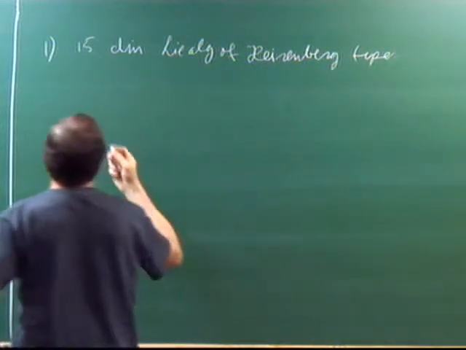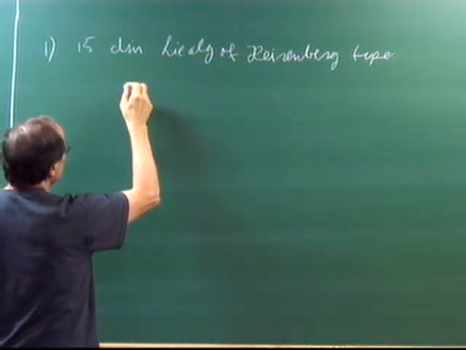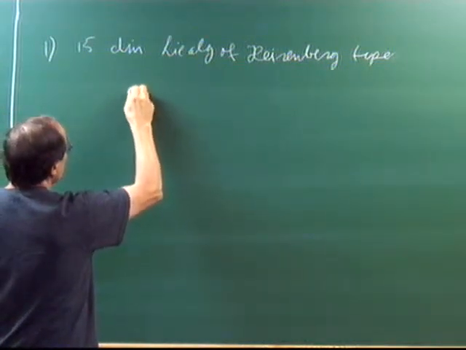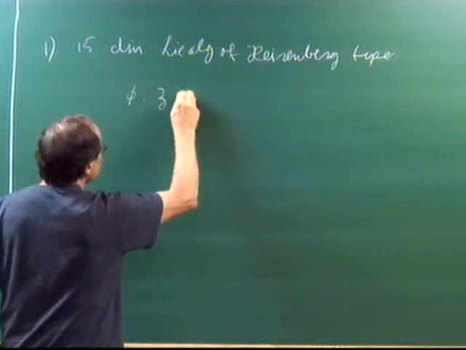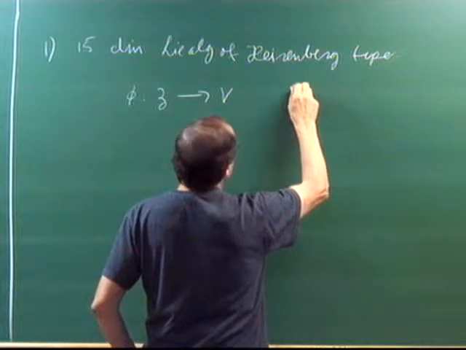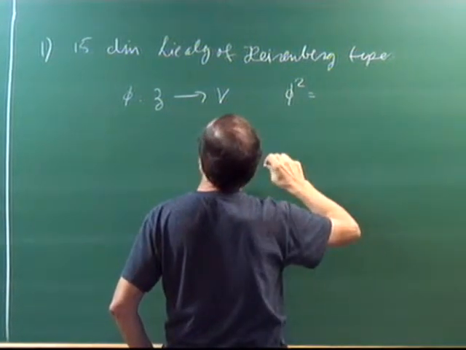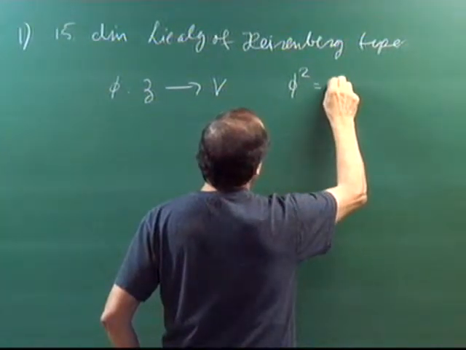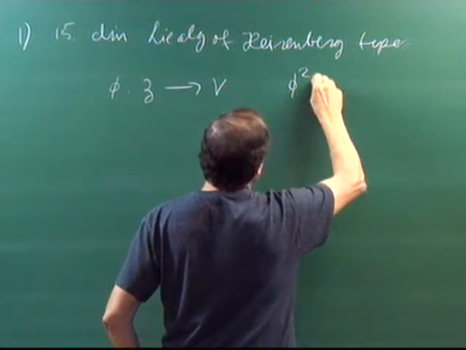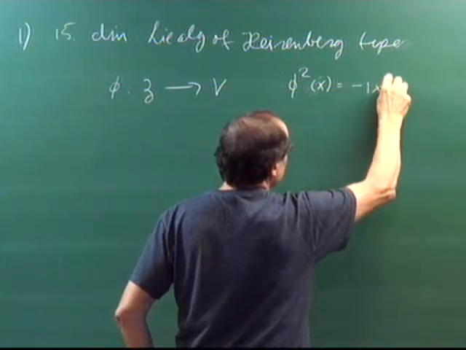So remember, when we discussed Heisenberg type, we had a map, I forget what we called it, phi, from the center into a vector space V, such that phi of x squared was minus norm x squared times identity.